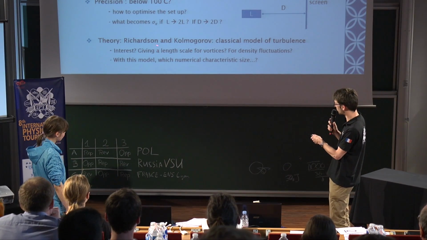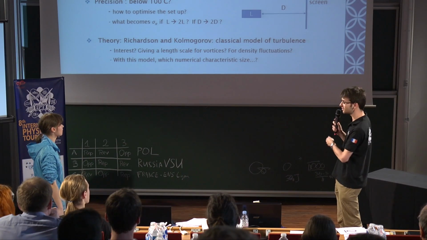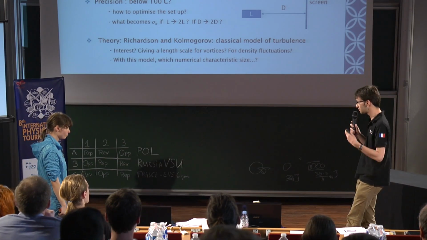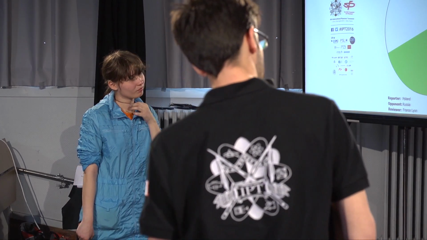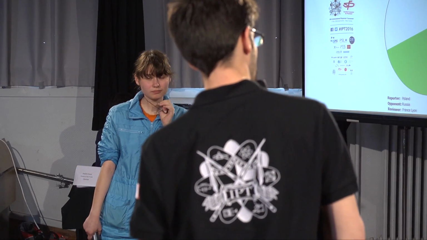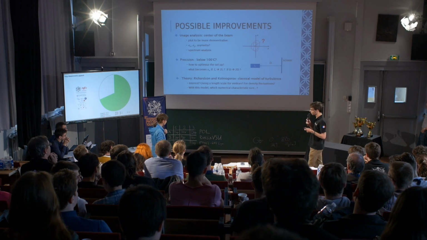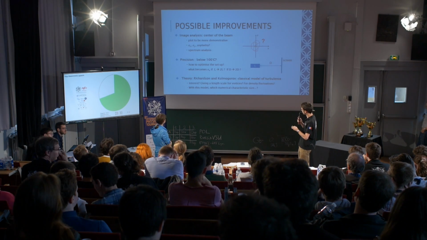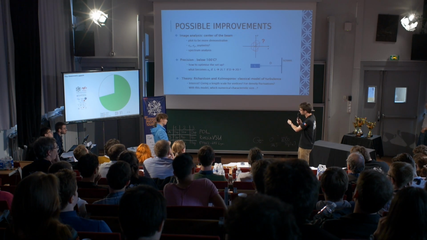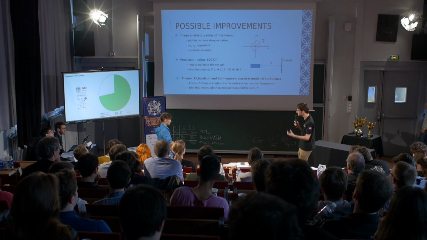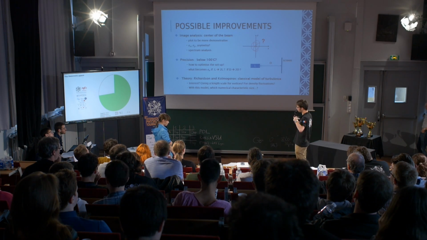And also a characteristic length scale for the density fluctuations: is it the same as for the vortices? Is it lower? We'll discuss it, I think it will be very interesting. And also with this model, what is the numerical value, or at least an order of magnitude, predicted by your actually quite adapted model?